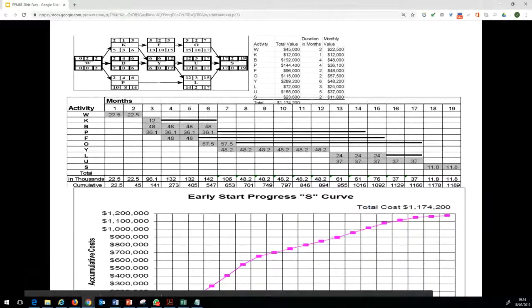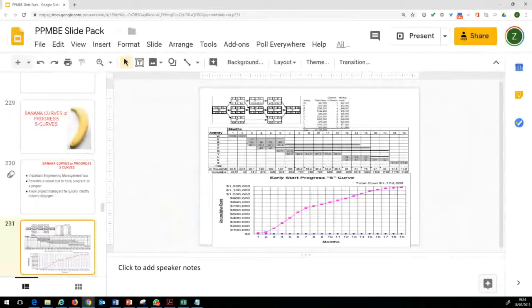So this one is hiding the view. Your progress S curve, which is based on the early start times, may look somewhat similar to this. Here we will be using those cumulative values. The first one is 22.5.